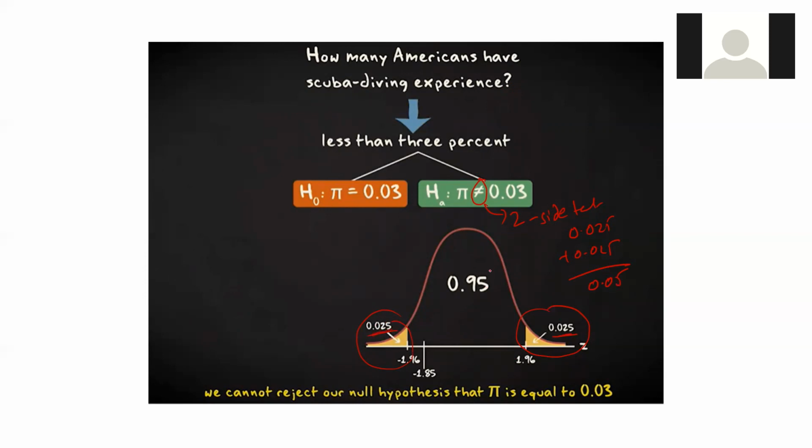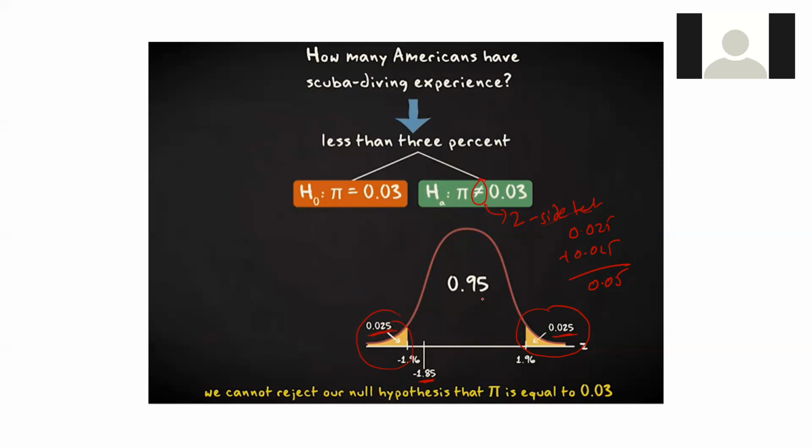So in this case, if it is not equal to 0.03 and you are doing a two-sided test, right? We got our z score of minus 1.85, and it does not lie within the rejection region. So we cannot reject our null hypothesis that pi is equal to 0.03.